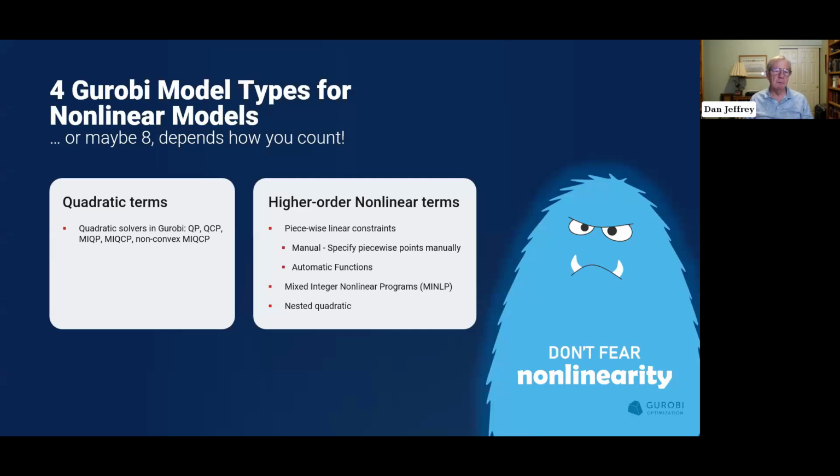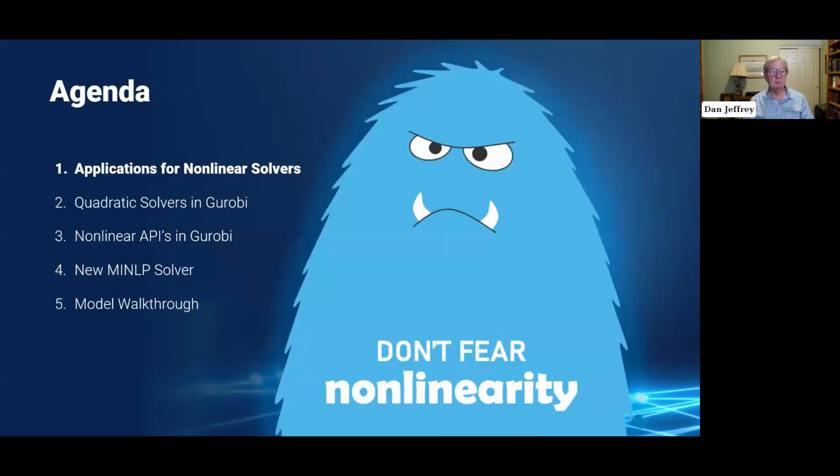So we have a piecewise linear functionality in Gurobi that can handle those. And we have the new MINLP solver, mixed integer nonlinear program solver. And then there's also a capability of doing nested quadratics to handle that too. We'll talk about all that, but these are the kinds of capabilities in Gurobi that will be covered in this presentation.